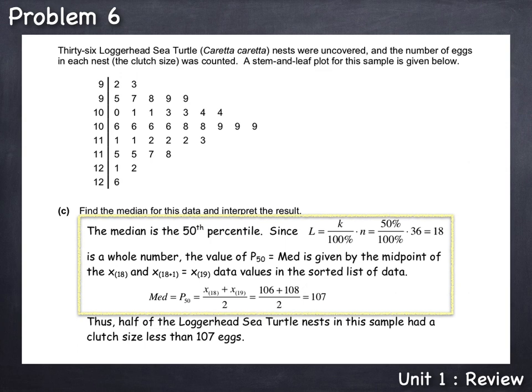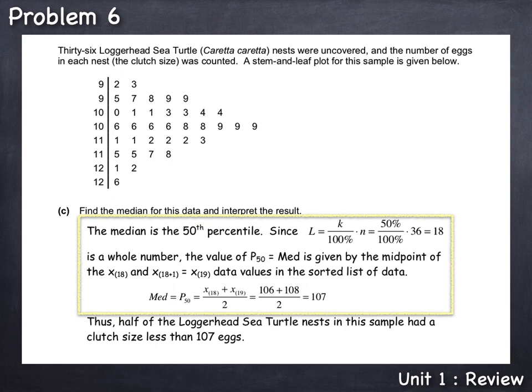The interpretation is where we, in words of the problem, explain what this means. Medians are always interpreted the same way. The median is the center divider. That's where half or 50% of the data is less than, and half or 50% of the data is greater than. In your interpretation, you could either say that half or 50% is less, or you could say it is half or 50% or more, or you could say both.